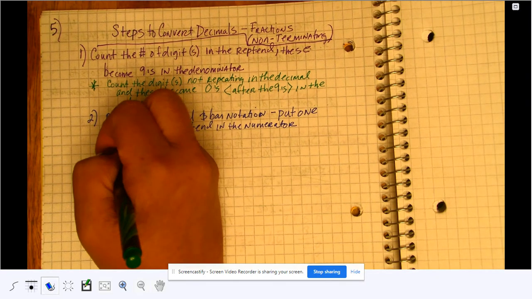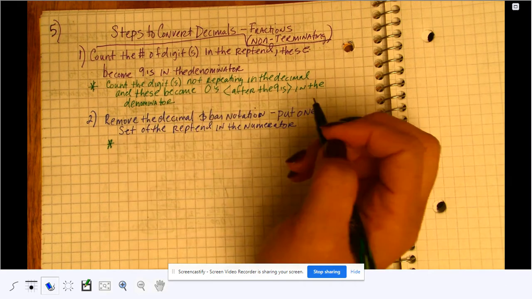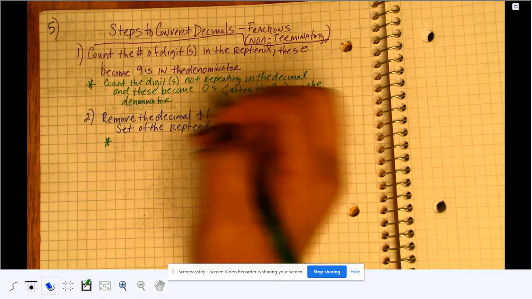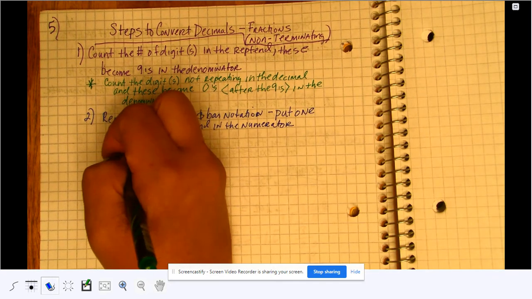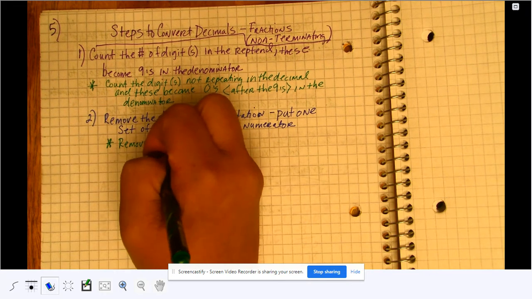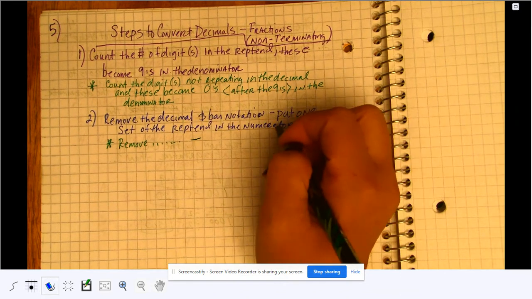Again, special asterisk. We're going to say, no, it's going to be the same. Remove the decimal and the bar notation. So remove decimal and bar notation. What's going to change is after that dash.